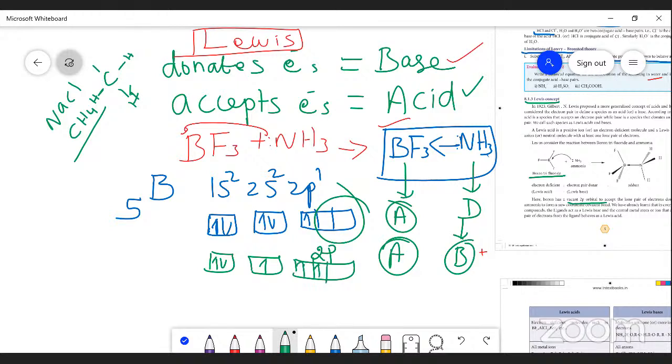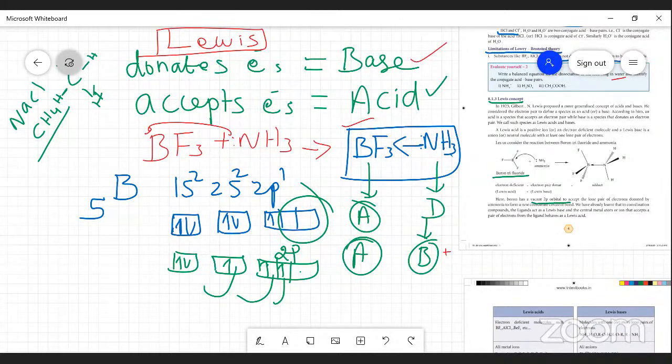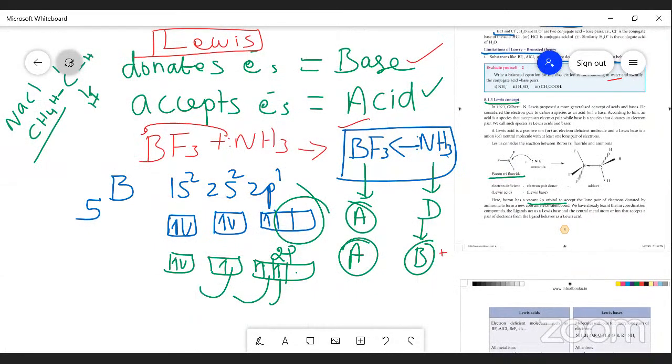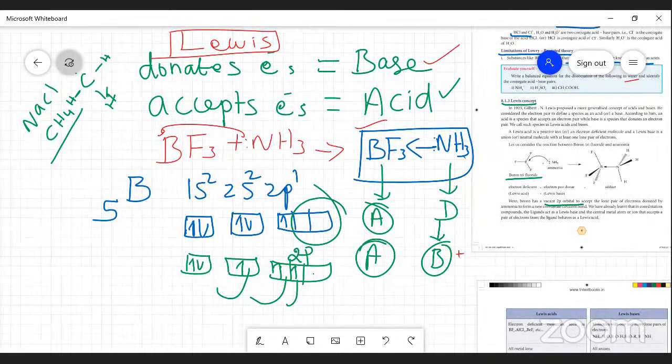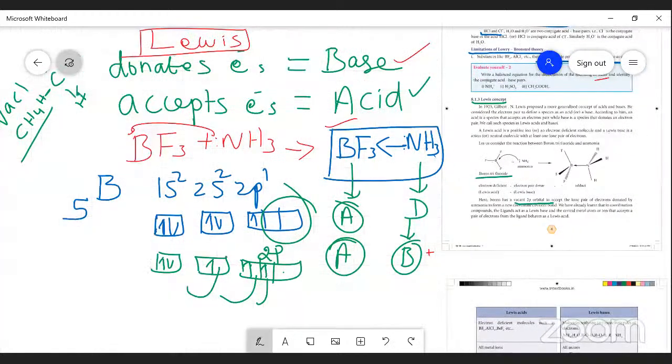After hybridization, the F comes here. This is a vacant orbital, and this is a lone pair. It accepts a lone pair of electrons donated by ammonia, forming a new coordinate covalent bond.